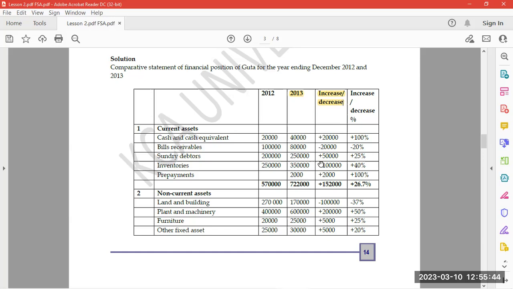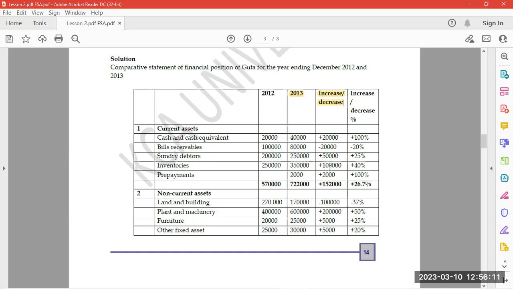Another way, if you don't want to repeat the figures, just take the increase or decrease, then divide it by the previous year's figure. Like you take 20,000 divided by 20,000 times 100. Take negative 20,000 divided by 100,000 times 100, you get negative 20%.